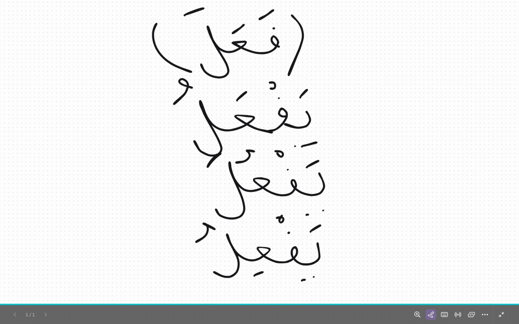And then once you learn this and you get the different patterns down, you have kharaja, but from amongst kharaja, you also have what? You have kharraja, which means to take something out. You have takharraja, which means to graduate, for example, takharraja Ahmedu min al-jami'ah.